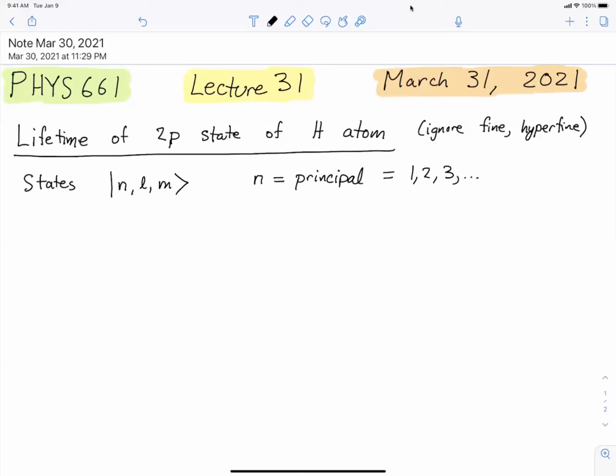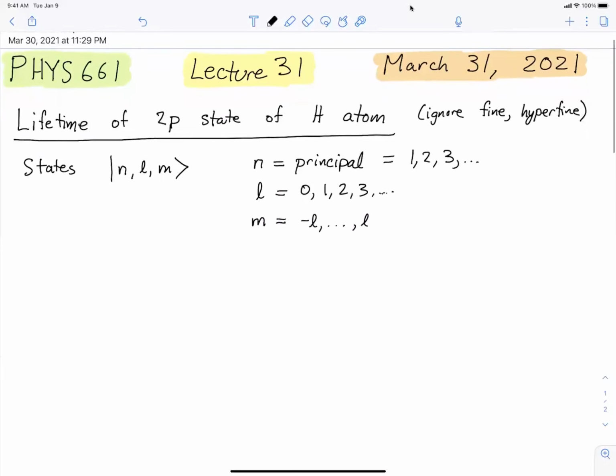We'll see in a second why it can't be 0. There's also L, which is the angular momentum. And that can be 0, 1, 2, 3, etc. And then there's the magnetic quantum number, which is the z component of the angular momentum, which varies from minus L to L.